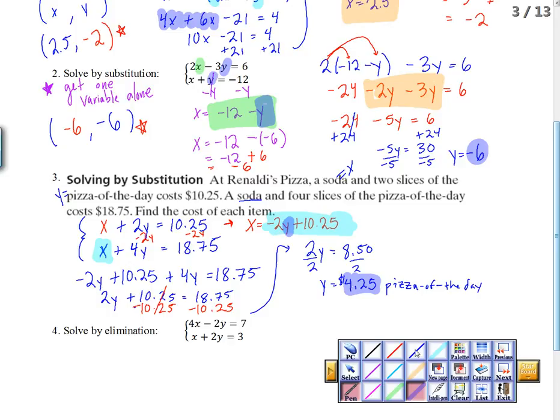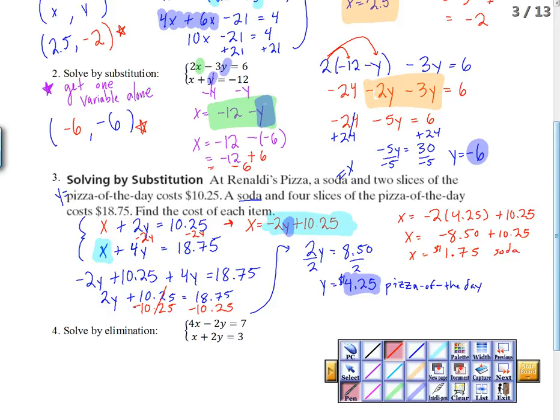So plugging that in, my x is negative 2 times 4.25 plus 10.25, negative 8.50 plus 10.25. So my x, or a soda, costs $1.75.